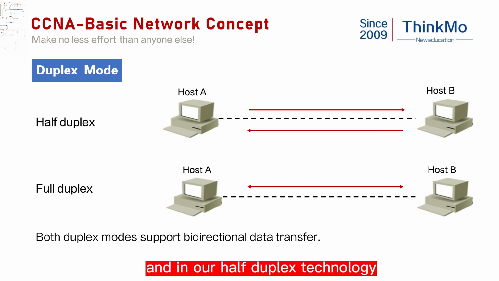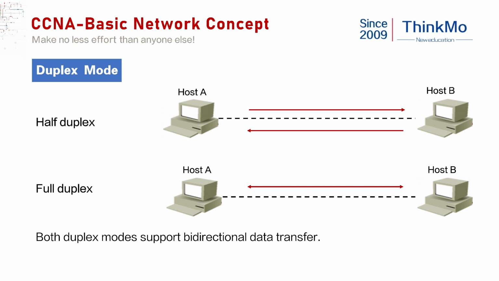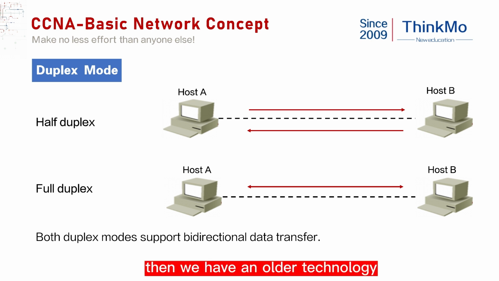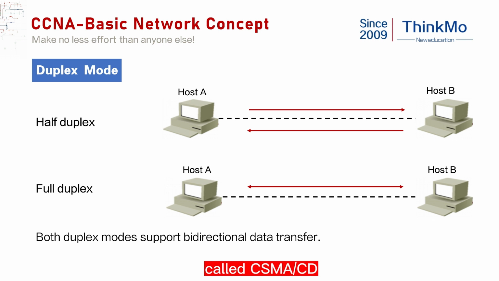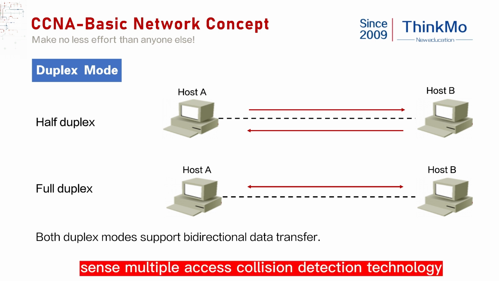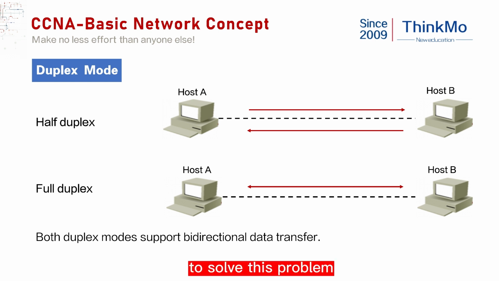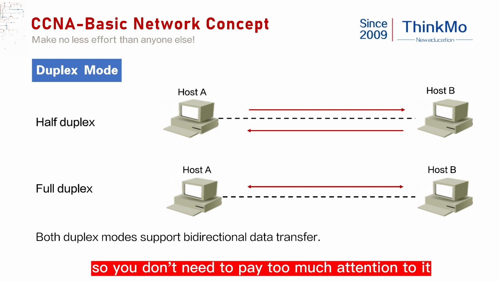And in half duplex technology, there will be a data conflict problem. Then we have an older technology called CSMA/CD, Carrier Sense Multiple Access with Collision Detection, to solve this problem. But now this technology is basically not used, so you don't need to pay too much attention to it.